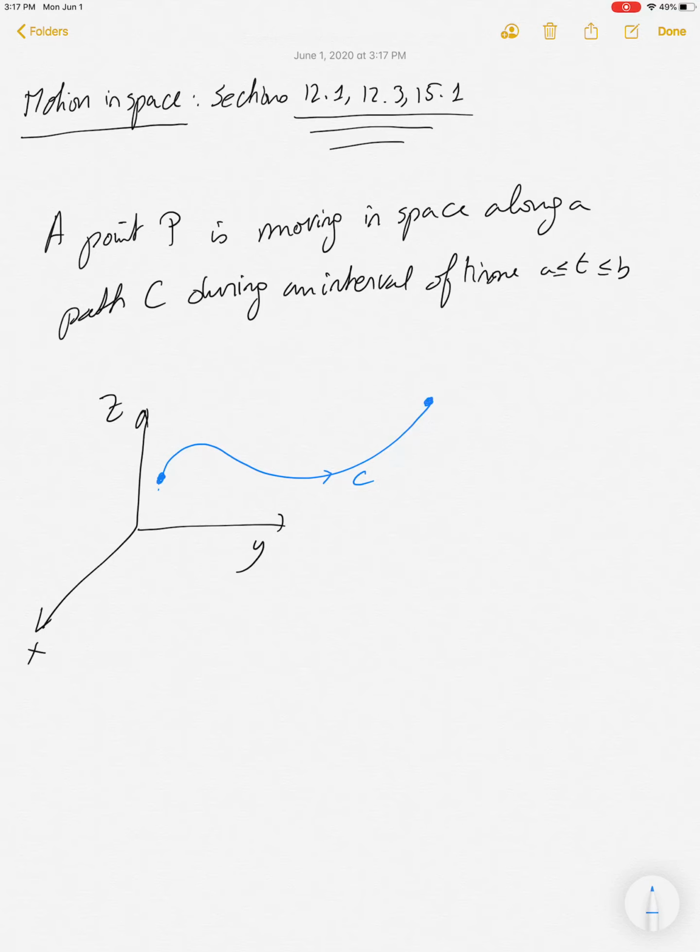At t equal A, this is the position of my point. What does that mean? It is the coordinate of my point.